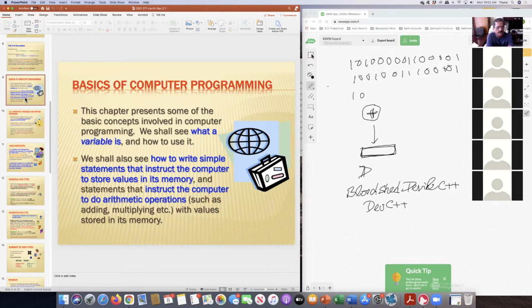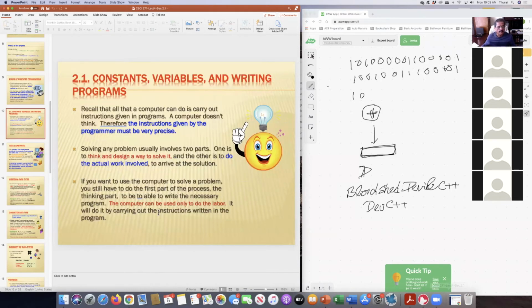Even though the statements we write in a computer program look like mathematical expressions sometimes, they don't always have the same meaning. So slightly different meanings are there for these statements, and so we need to understand those. And also we'll understand how to instruct the computer to do basic arithmetic operations and things like that. So all the basics of computer programming will be done here.